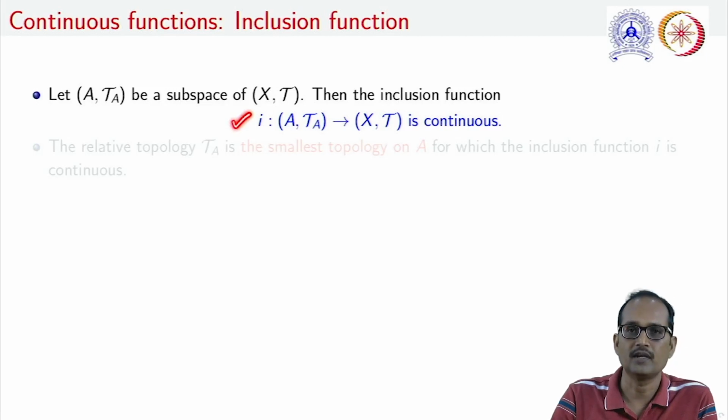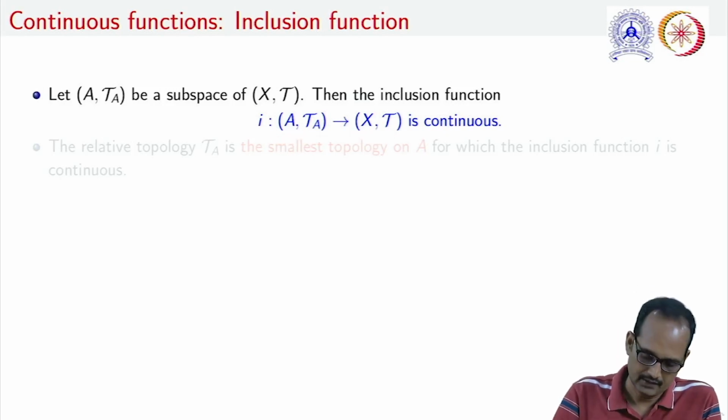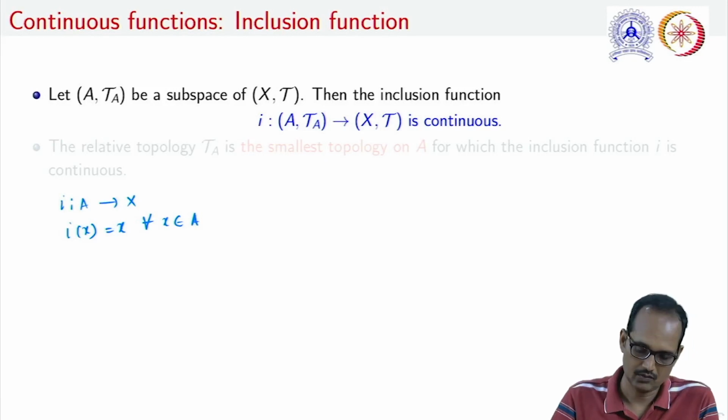We can prove that the map I, which is from (A, τ_A) to (X, τ), is continuous. Note that this function I is from A to X, defined as I(x) = x for all x belongs to A.